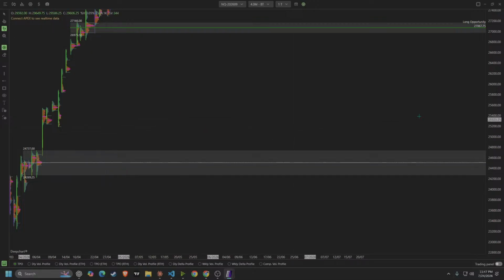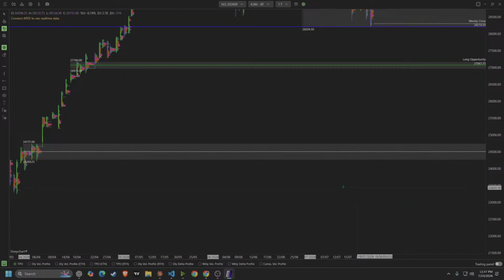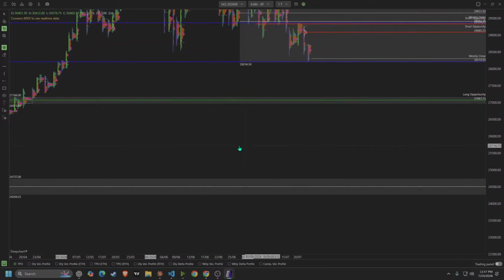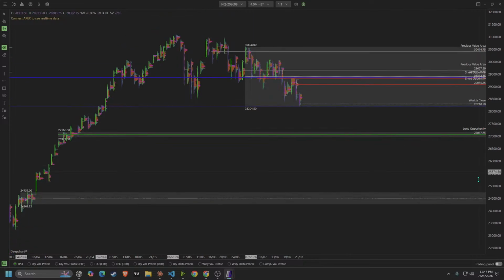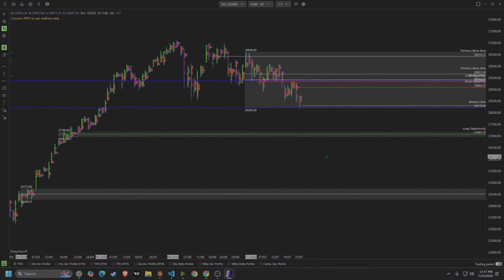That's a big correction. Right, so that's our dealing range. Okay, so now let's start to add on some layers.